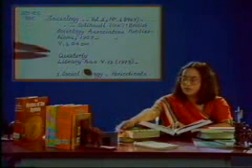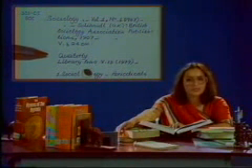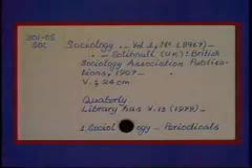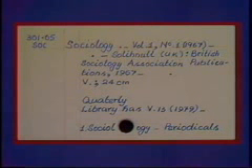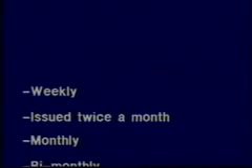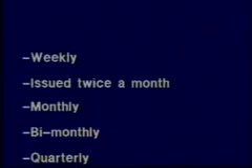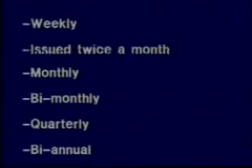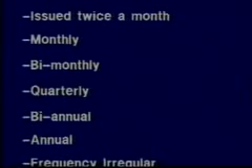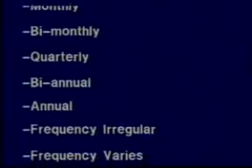After this, the frequency of the periodical publication is given. The periodicity of the publication is mentioned on a separate paragraph, and it can be indicated in different ways. For example, to name a few: weekly, issued twice a month, monthly, bi-monthly, quarterly, biannual, annual, frequency irregular, or frequency varies.